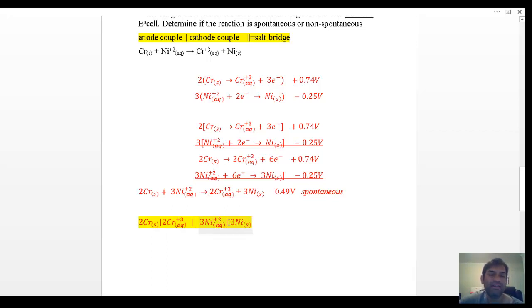It's not a big deal adding the coefficients. But the second, and this is probably the most important thing, you should be able to go straight from one to the other and vice versa. If I give you this, you should be able to write that. If I give you the galvanic cell notation, you should be able to get from that the balanced oxidation reduction reaction.